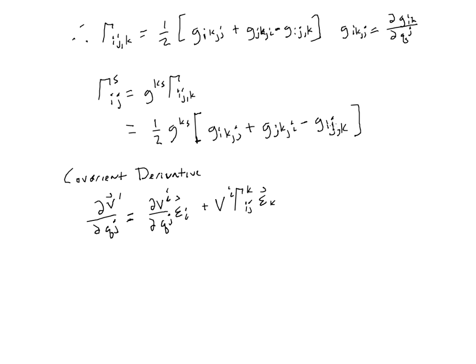And so what we can do is that because we're contracting over k here, we can switch the i's and the k's around, which is legal to do in tensors. And we have partial vi partial qj plus vk gamma^i_kj, and then the whole thing multiplied by epsilon i.